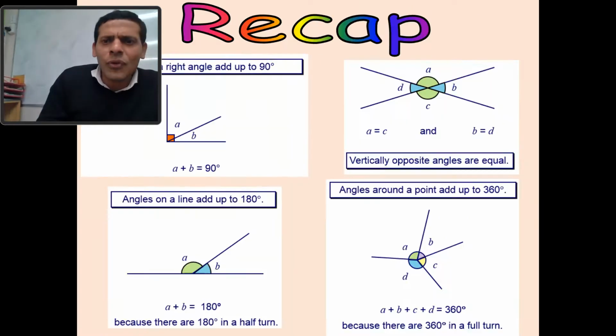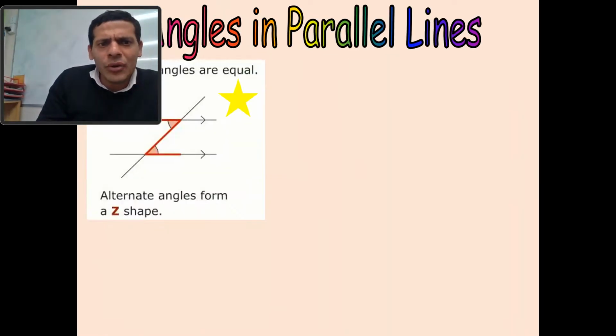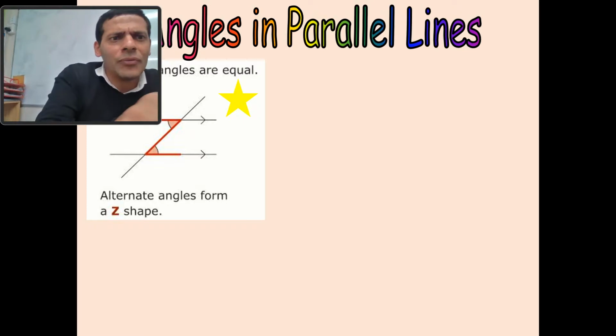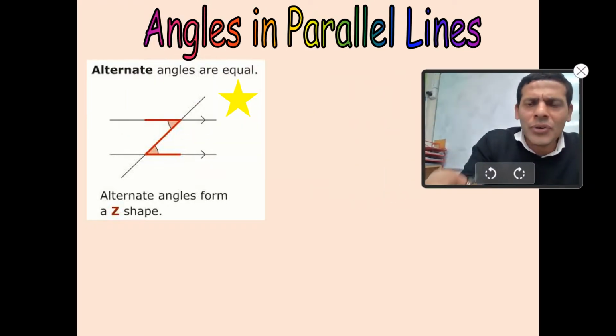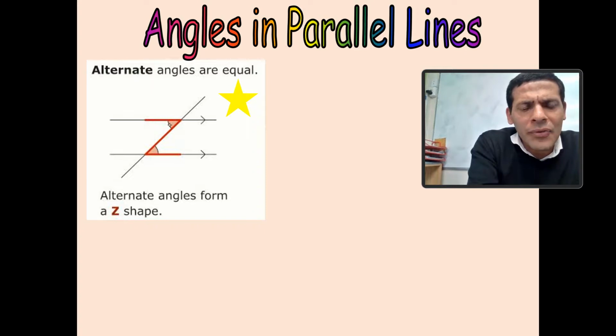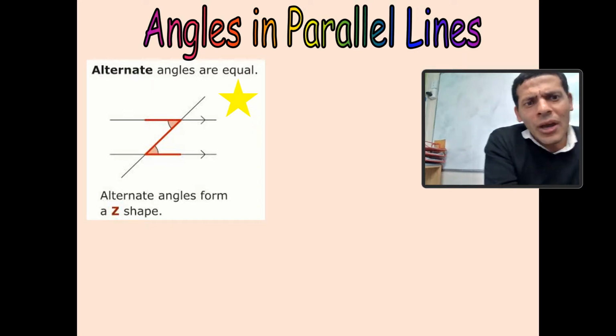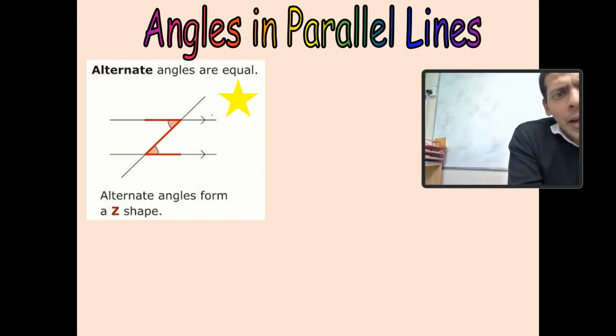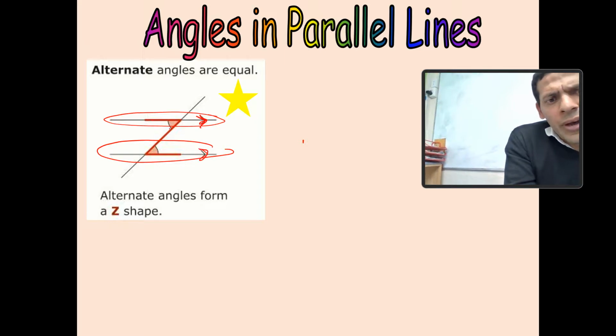Now we move on to different types of angles. If you are given two parallel lines, like this line and this one, and this is the sign of parallel lines, the first angle we have is the Z shape.